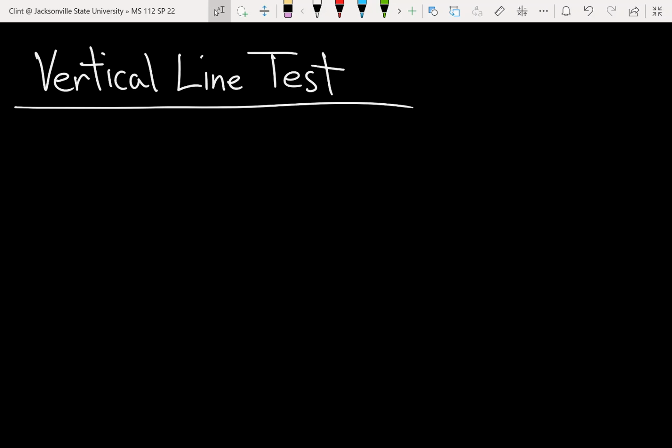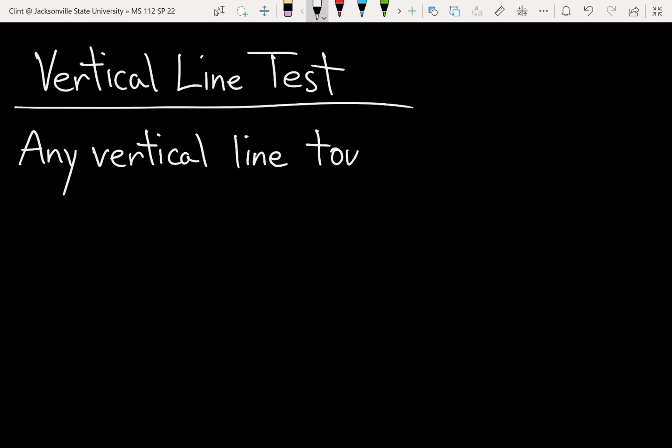So one way to word this is that any vertical line, so we're thinking about drawing in any vertical line we want to, touches the graph or crosses the graph. Intersects is probably a better term.